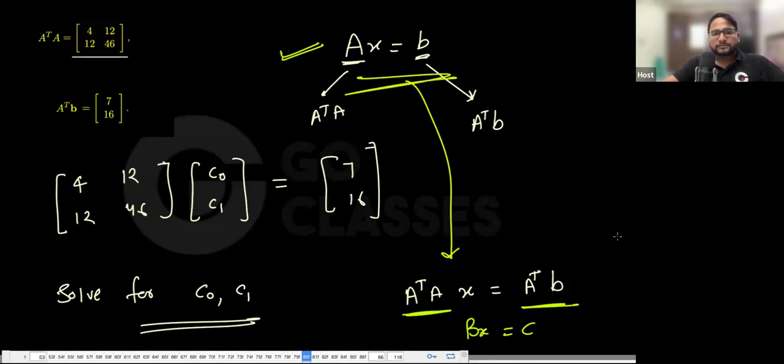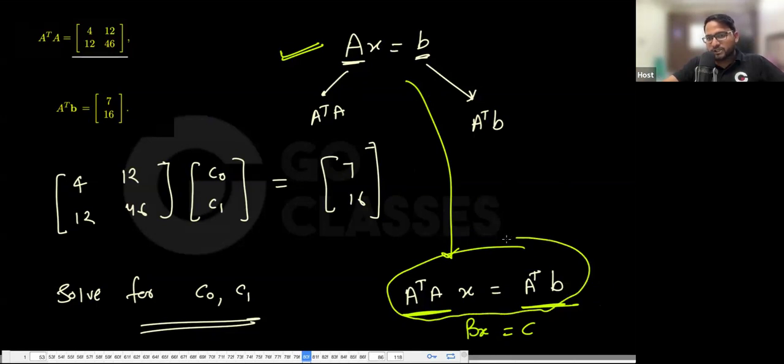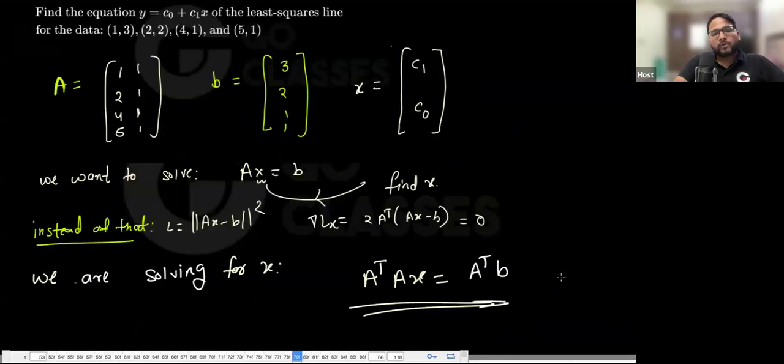Why is that the case? I have to talk about it in detail. This will come in tomorrow's lecture, why we are able to solve this. Loosely speaking, we will always be able to solve this. We will talk about it later, but is the process clear to everyone, how to find the best fit line, in the sense of how to find these coefficients C0, C1?